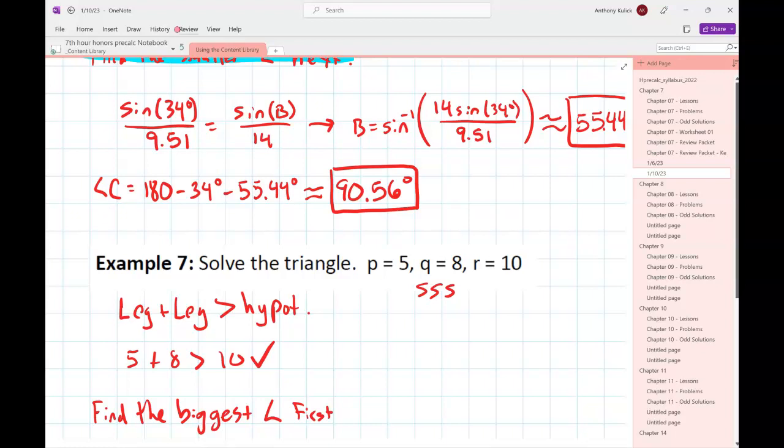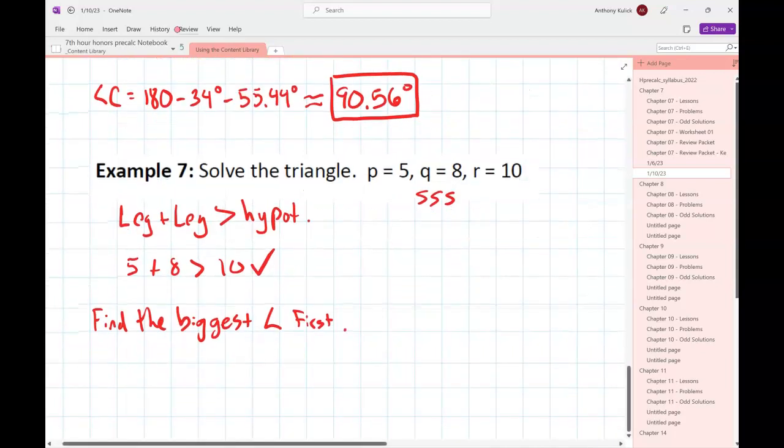Do all triangles have an obtuse angle in it, though? No. So I'm still going to do the second 2 angles in the same order, whether I get a non-acute angle on the first angle or not. But that's why I'm doing it in this order.